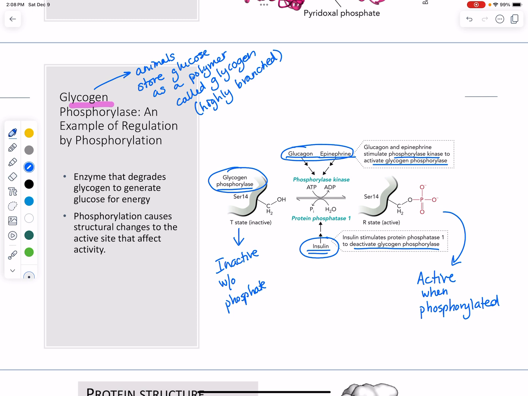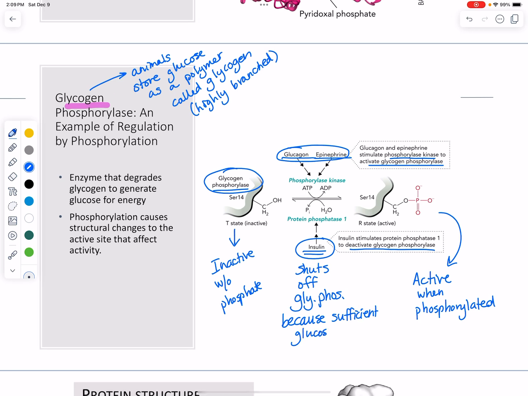So insulin is the hormone we use to shut off glycogen phosphorylase, because it's a hormone that gets activated when we have glucose present and we don't need to liberate more glucose. So insulin shuts off glycogen phosphorylase because sufficient glucose is present.